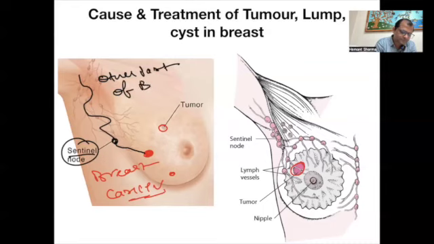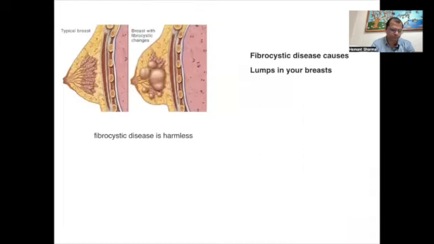那通过这个前哨淋巴结，它会去扩散到不同的脏腑，如果你是癌症的话。And there is one disease that is called fibrocystic disease.